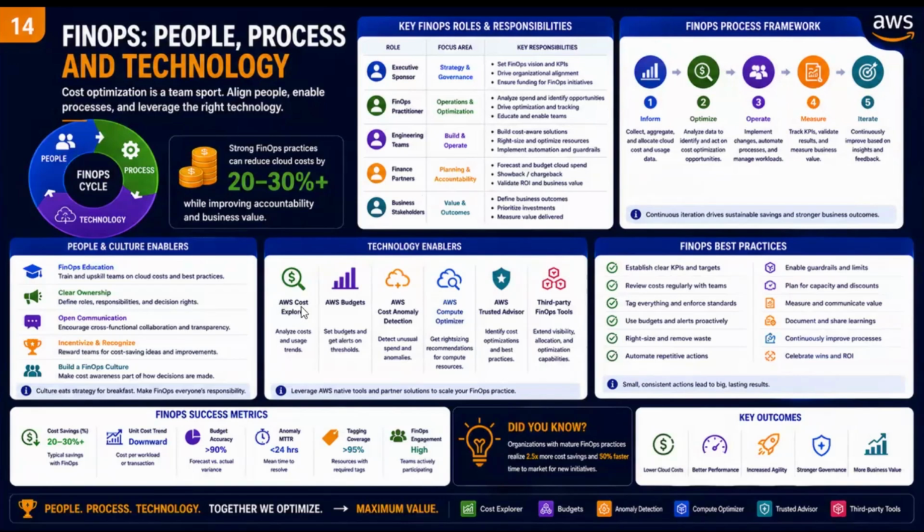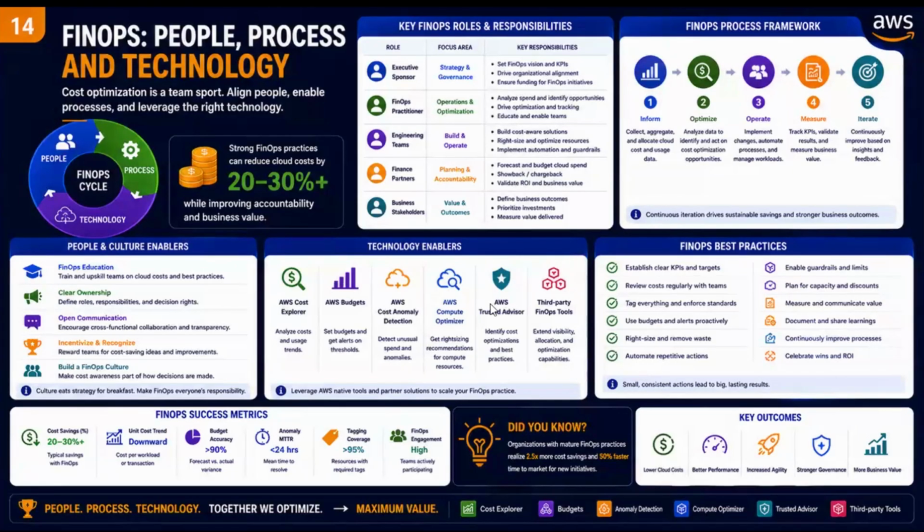Here is the technology: AWS Cost Explorer, AWS Budgets, AWS Cost Anomaly Detection, AWS Compute Optimizer, AWS Trusted Advisor, and third-party FinOps tools. So these three things together make FinOps. This is mainly the talk about PPT and the overall FinOps overview.